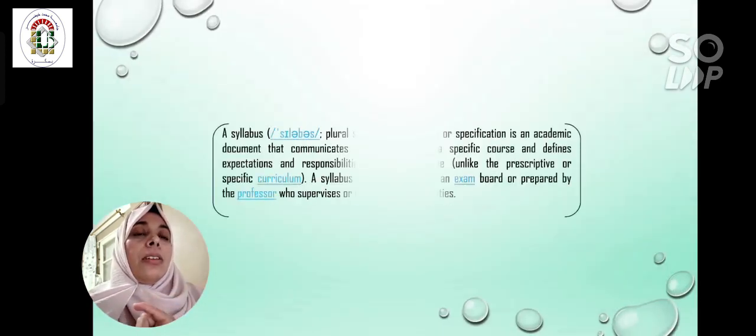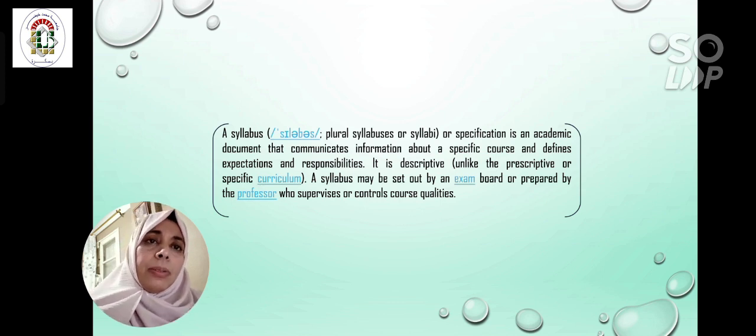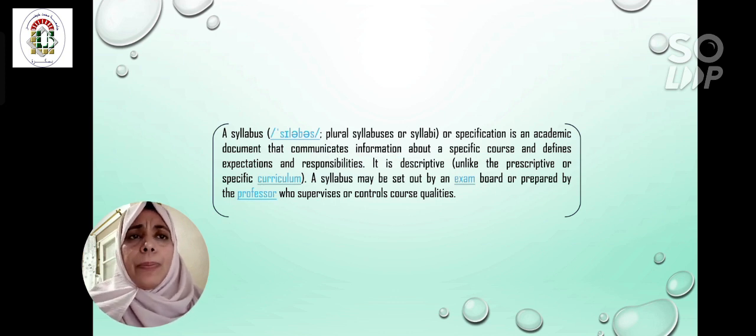So we can say that a syllabus, in its simplest definition, and here is the transcription of the word syllabus, uses all weak vowels, so this is the pronunciation. Its plural is syllabuses or syllabi.